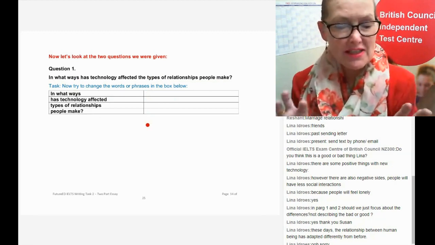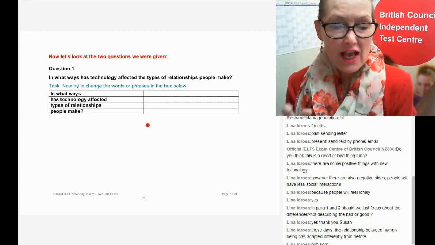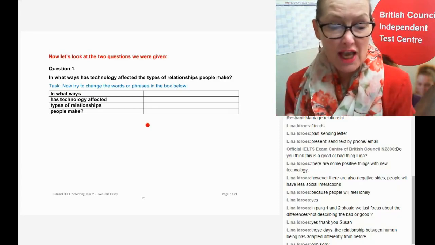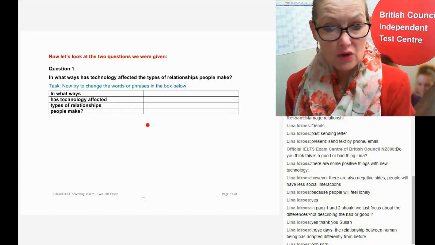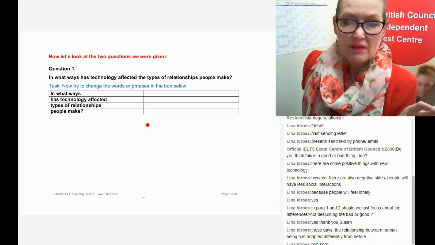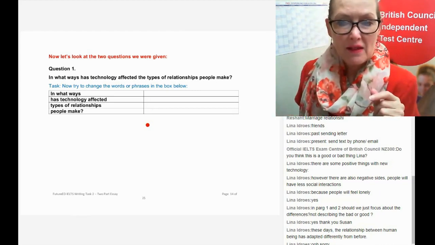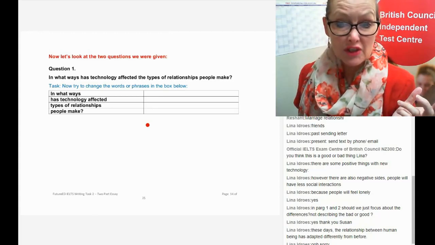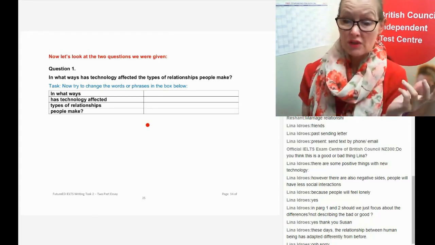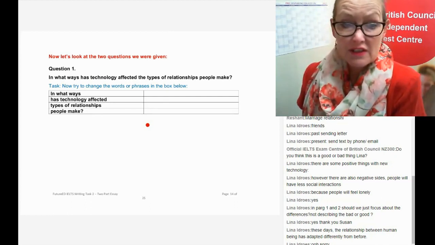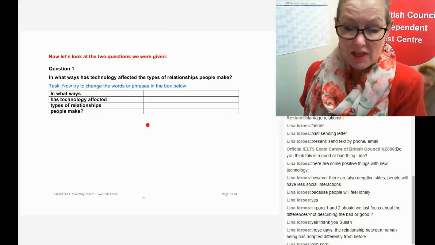So you see, there's my sentence. Technology has affected relationships, or technology has impacted on relationships. And then the last word, technology, we want to change. We could put it another way: modern technological inventions, or modern technology, or IT. We could use that later on down in the essay.